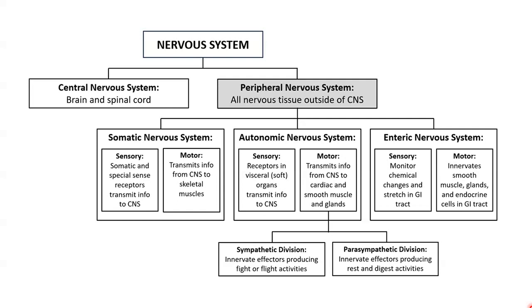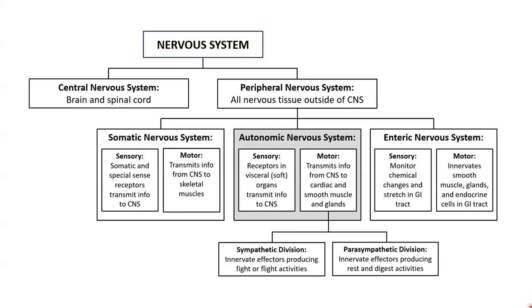The peripheral nervous system is then further divided into three sections. The somatic nervous system, which includes somatic and special sense receptors. These transmit sensory information to the central nervous system. And then motor neurons, which transmit motor information from the central nervous system to our skeletal muscles.